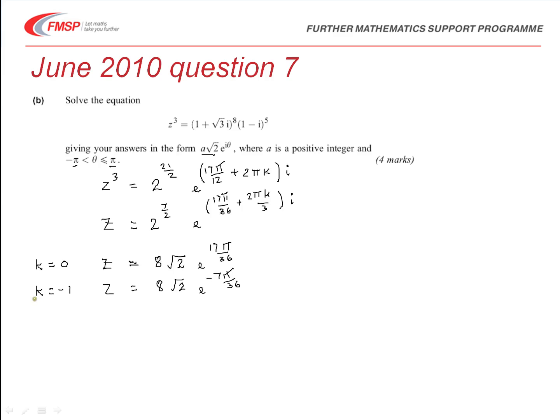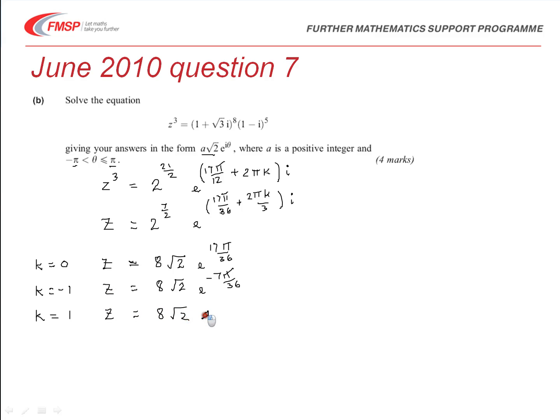And then the last value, well, it could be k as negative 2, but knowing that 2 pi over 3 is the same as 24 pi over 36, that's going to take me to a value which is too far in a clockwise direction. So the other solution must be when k is positive 1. And if we work that value out, z is going to be equal to, again, the 8 root 2, as before.